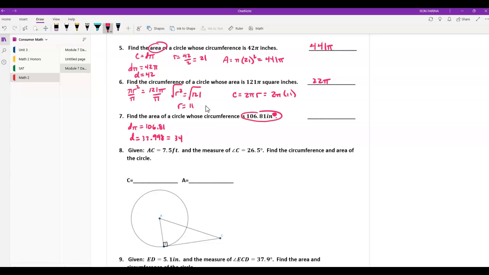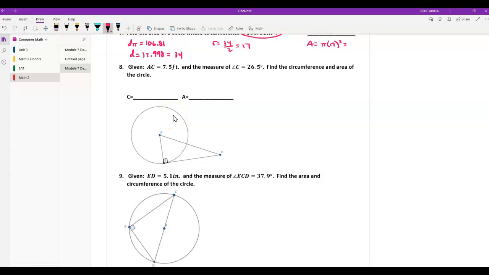If the diameter is 34, the radius is going to be 34 divided by 2, which is 17. Now to find the area, I'm going to do pi times 17 squared. And 17 squared would give me 289. So it would be 289 pi. And there you go.